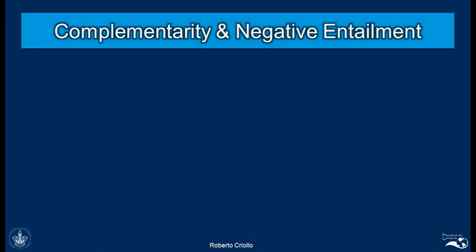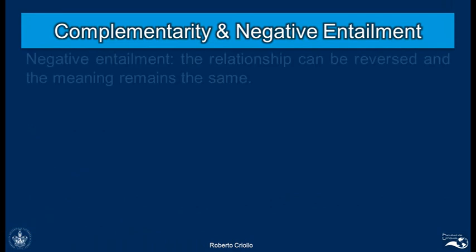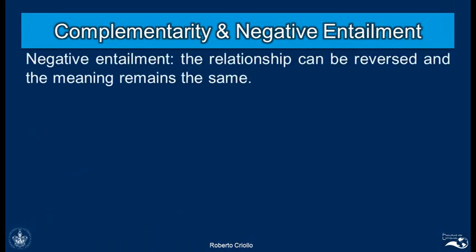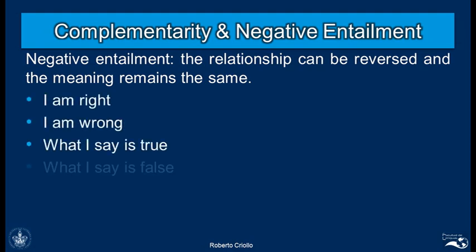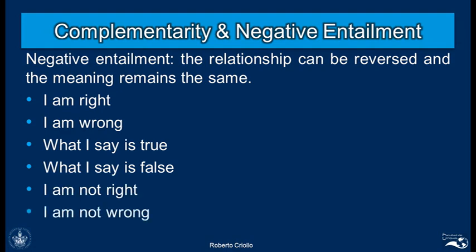Let's look at some examples of how complementarity can be demonstrated with negative entailment. We'll have some pairs of words and we will see that even though we inverse the relationship or make them negative, the meaning will remain the same. We'll use the words right and wrong and true and false in different combinations.